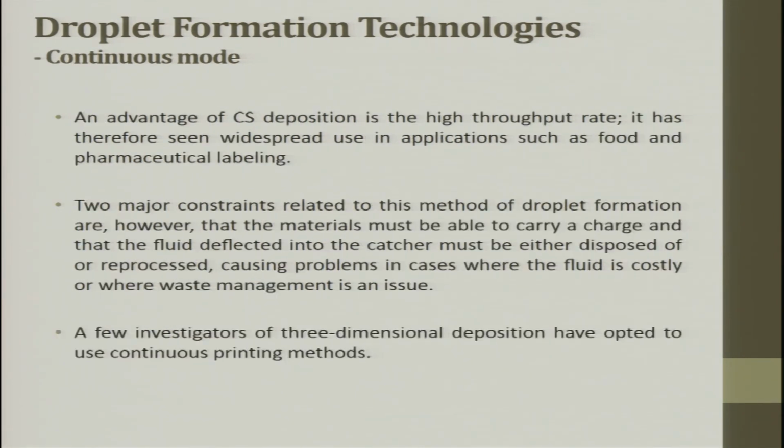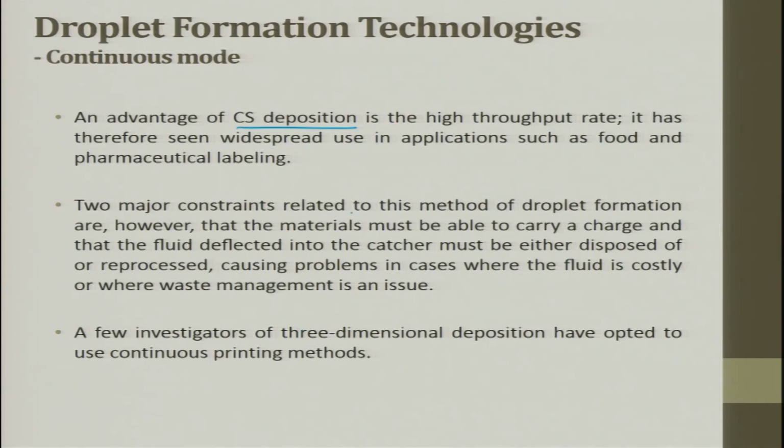So, that is how you break a continuous stream into discrete droplets, and then these discrete droplets are allowed to fall. An advantage of CS deposition is the high throughput rate. It has therefore seen widespread use in applications such as food and pharmaceutical labeling. There we use this CS deposition.